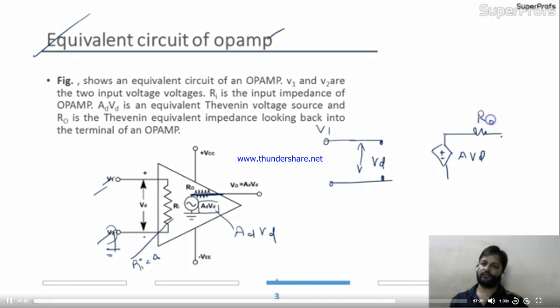Here it's R0. This is your circuit. Here you can take the output V0 by applying some resistor over here. Okay, this is your equivalent circuit of the Opamp.